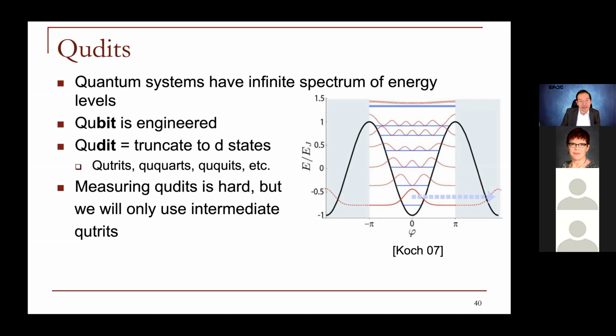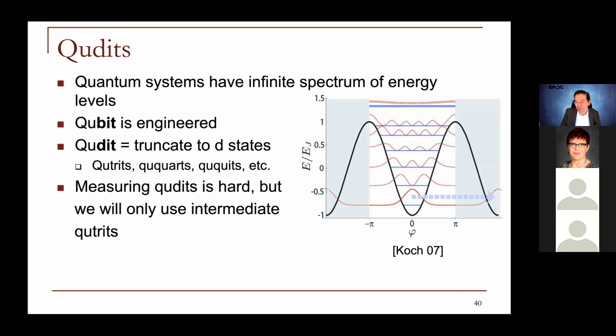Now, qubits and qtrits and qdits are interesting because, for example, if you look at a superconducting qubit you have a lot of energy levels. And we engineer the system so we typically use the lowest two energy levels to represent a qubit, but we could use one more level to represent a qtrit.